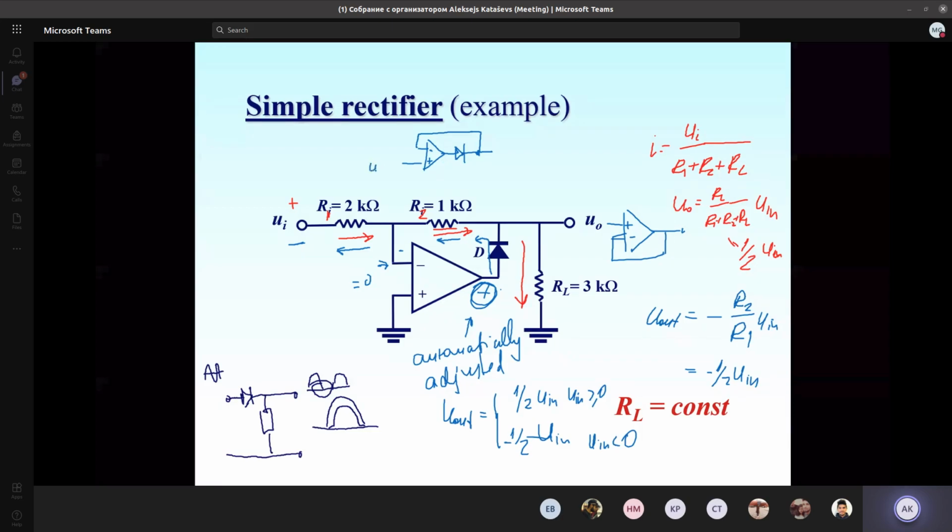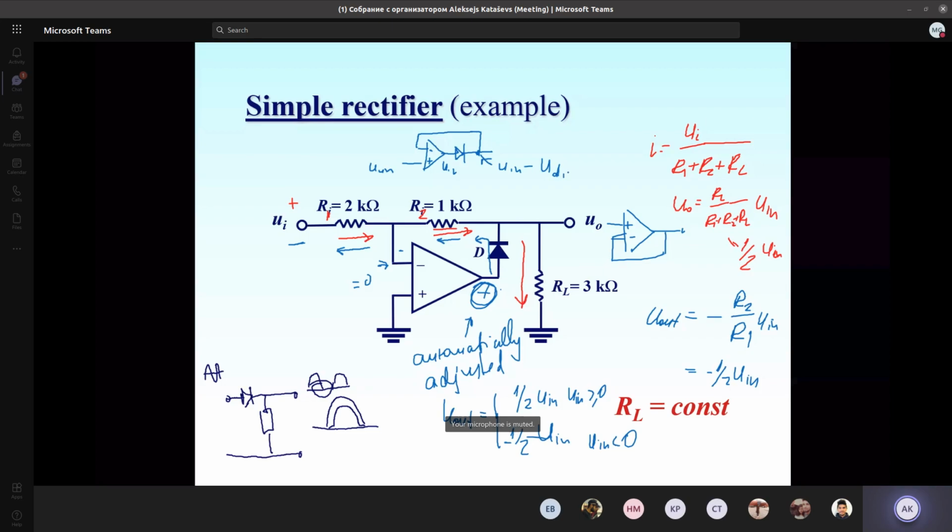So when we apply some positive voltage U in, for the first time, if we don't consider the diode, we have here U in. But then the voltage at this point will be equal to U in minus U diode, the forward voltage of the diode. It means that the voltage here will be lower than the input voltage.